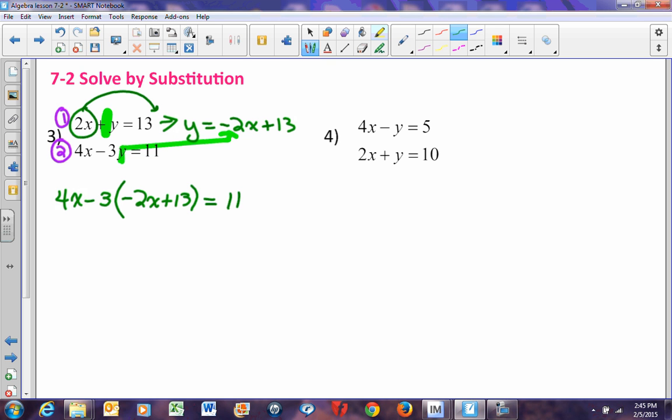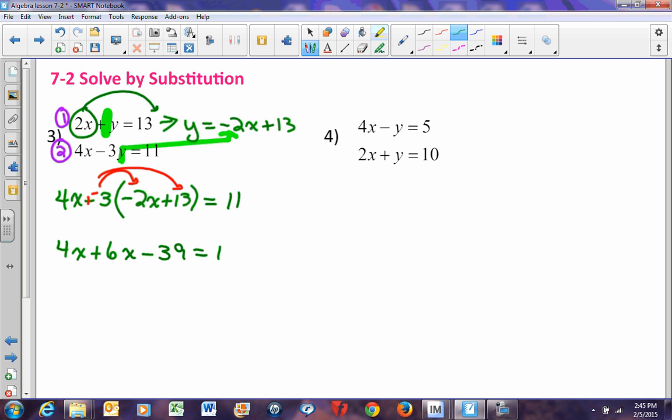If it helps, it would probably be to your advantage to write it this way, so that when you run the 3 through, you actually run a negative 3 through, and it gets through with all the signs in the right places. So here I will have 4x. Negative 3 times negative 2x is positive 6x. Negative 3 times positive 13 is negative 39.